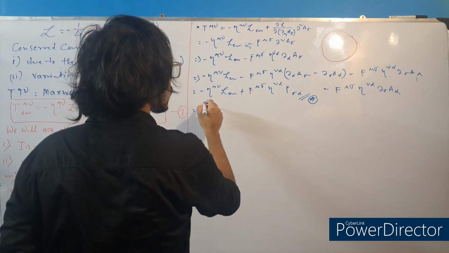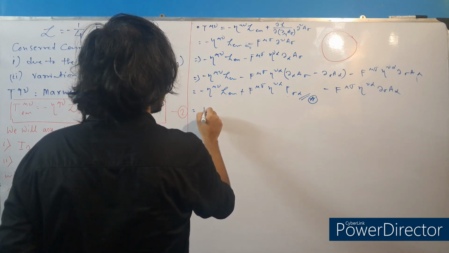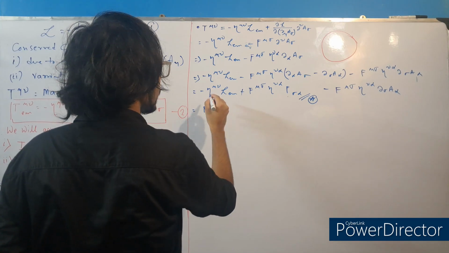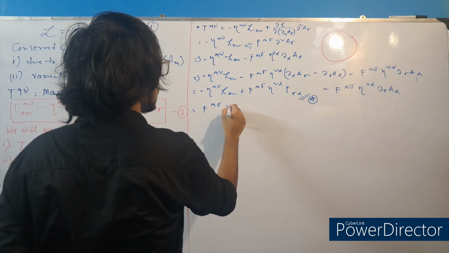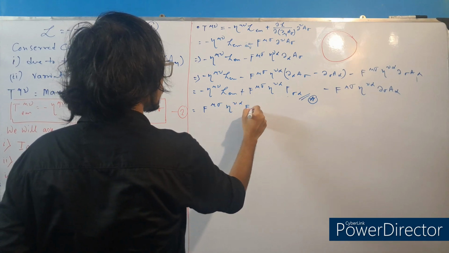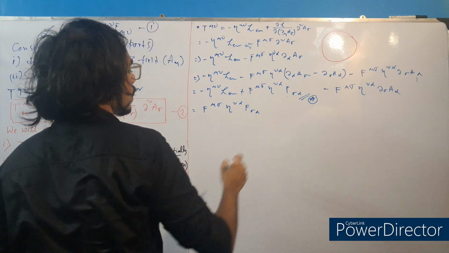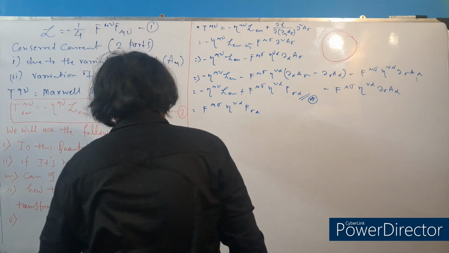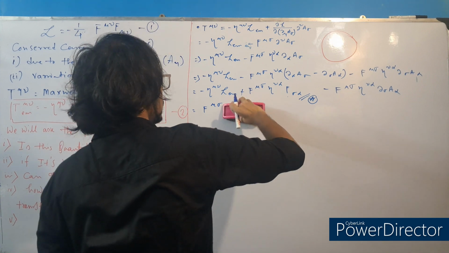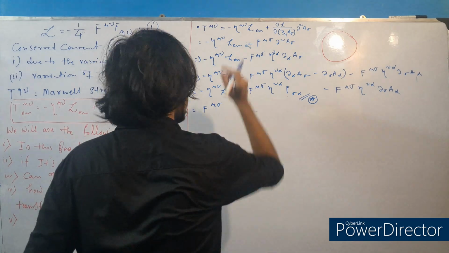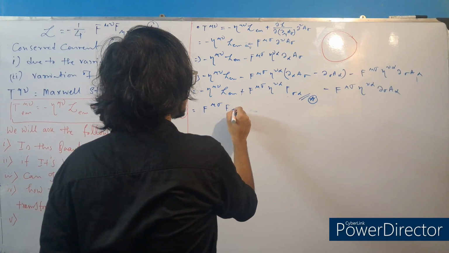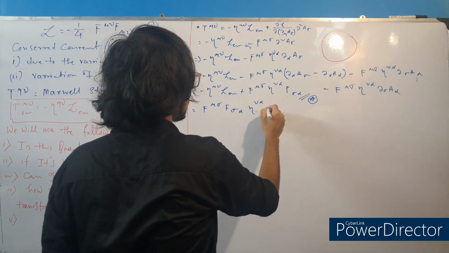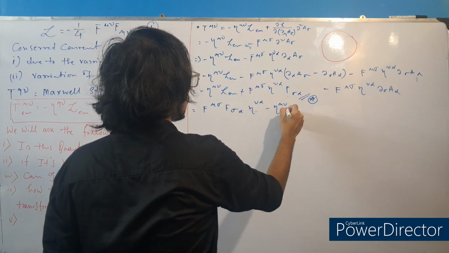Now F mu sigma eta nu alpha F sigma alpha, these things can be exchanged because they are commuting. So I will just write them alongside. F sigma alpha eta nu alpha minus eta mu nu LEM.